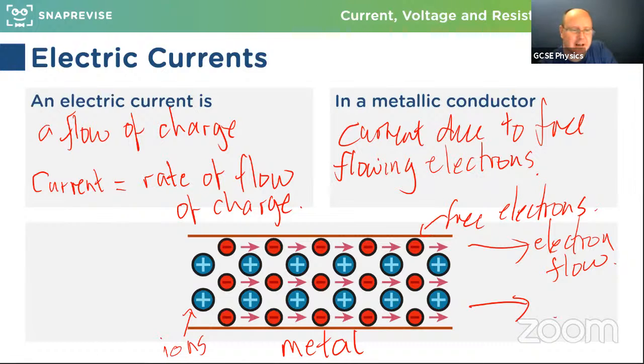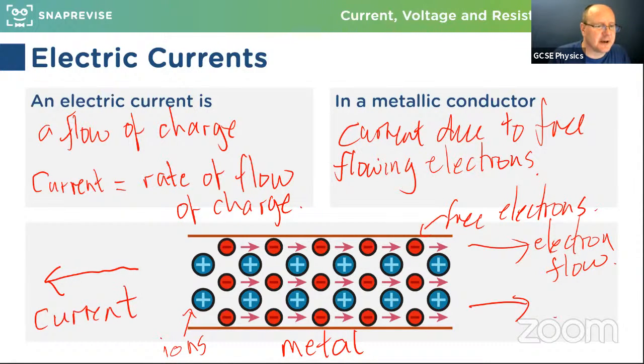So the electrons are going left to right. It might seem sensible to say that the current is flowing from left to right in this little piece of metal that we've got in the picture. But actually, current would be described as going from right to left. Thank you, Ultima. So the current is described as going in the opposite direction to the flow of electrons.